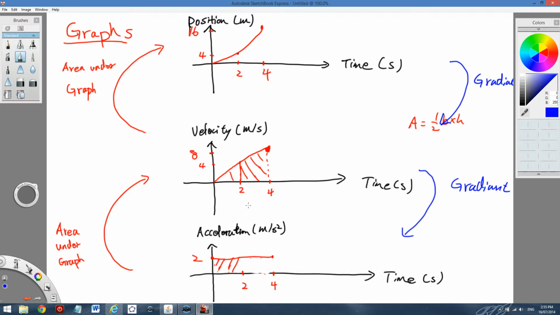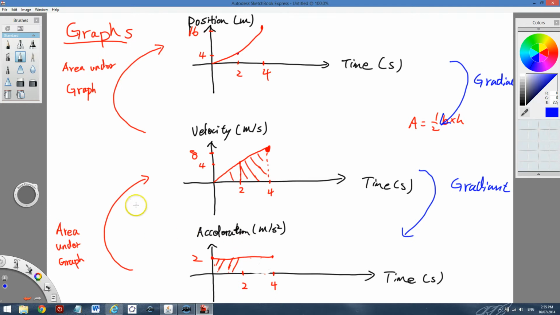And in calculus, we are always interested in two things. When we have a graph, we are always interested in the gradient and the area under the graph. So this here shows us the relationship between acceleration, velocity, and position in regards to the use of graphs.